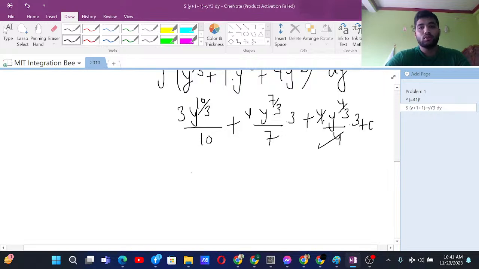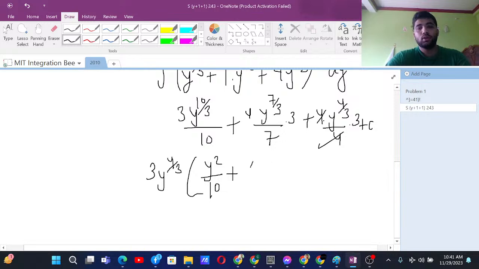So we can also take y to the power 4 by 3 common. Also 3 as common. So if we take 3y to the power 4 by 3 common, we get y square by 10 plus 4y by 7, and then plus 1, plus c, and now y is just x minus 1.